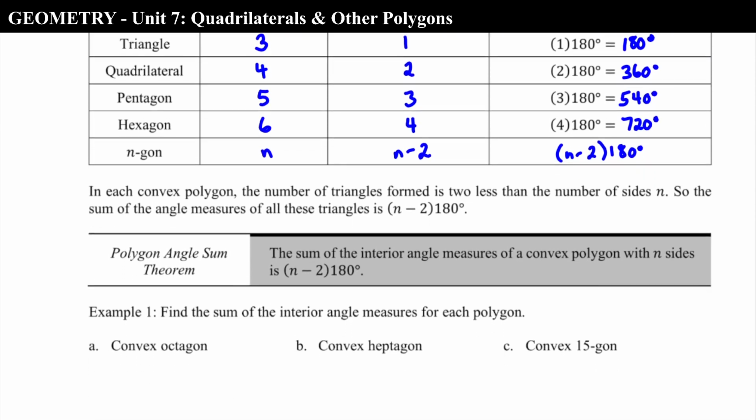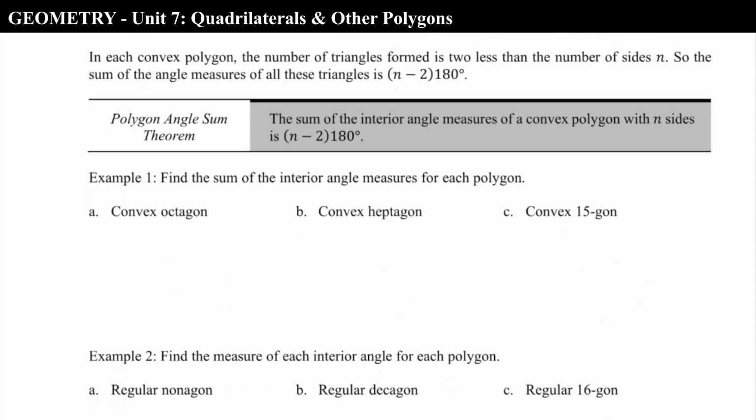So in each convex polygon, the number of triangles formed is 2 less than the number of sides. That gives us the polygon angle sum theorem: n minus 2 times 180 gives us the sum of our angle measures. So let's find the sum of the interior angle measures for each of these polygons. For a convex octagon, remember we're using convex so that everything happens on the interior.